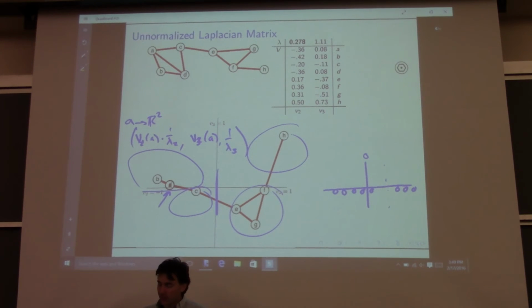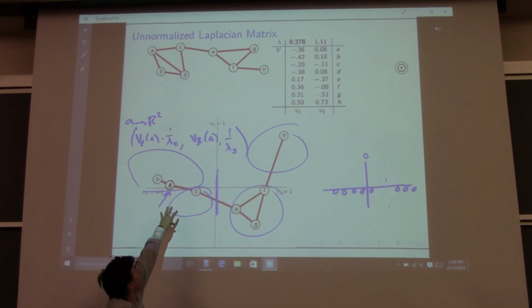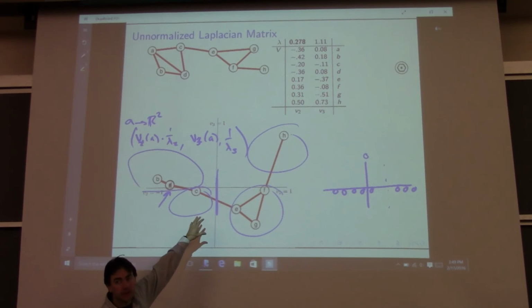Okay, so this way of embedding into 2 dimensions, or I could use eigenvectors 2, 3, and 4 to go into 3 dimensions, should give you another idea about a different way to do clustering on this.